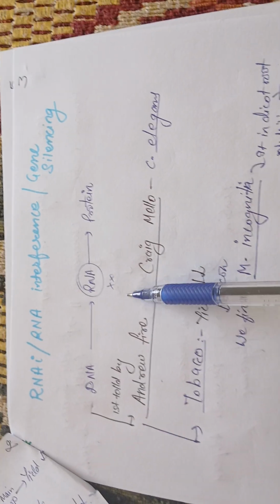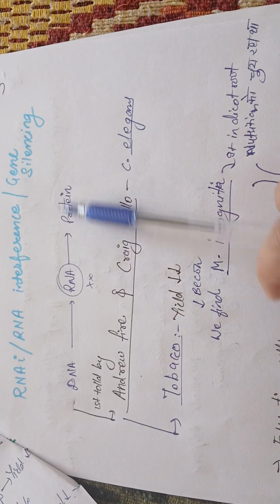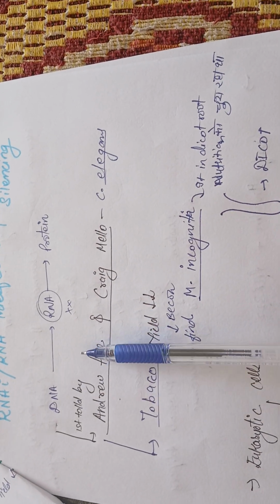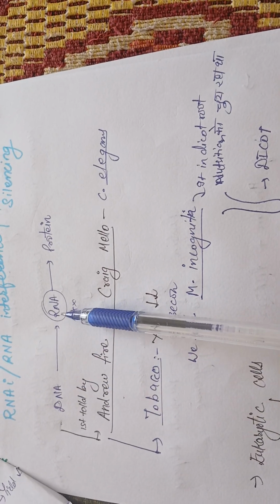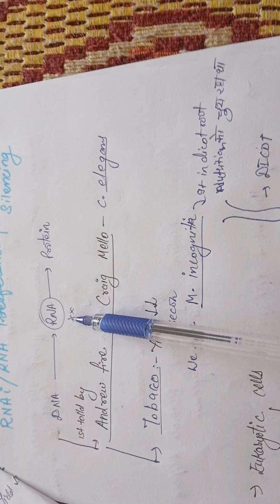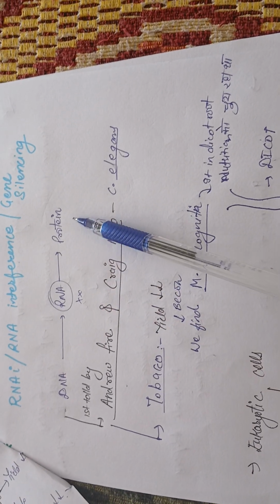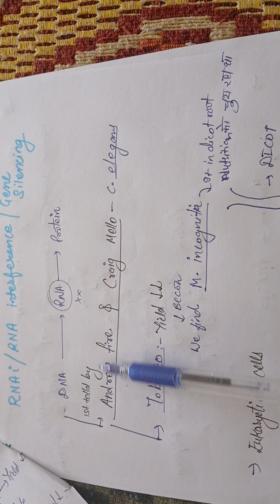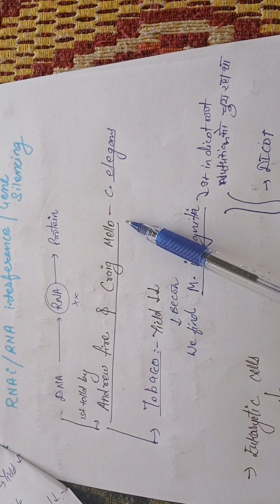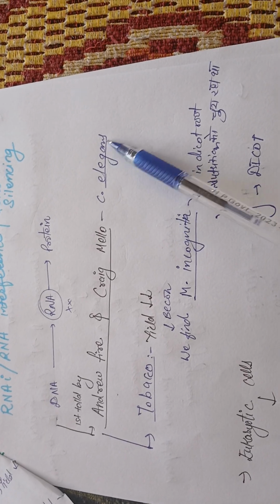The next thing is RNA interference, or gene silencing. RNAi has these other names. We know that DNA forms RNA, and RNA is responsible for the formation of protein. But if the RNA is not formed, there will be no production of proteins. This was discovered by Andrew Fire and Craig Mello, who did the experiment on C. elegans.